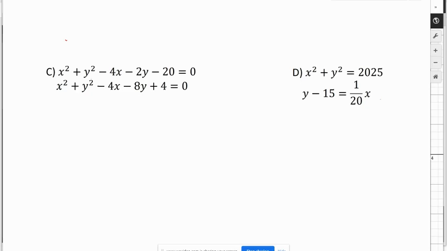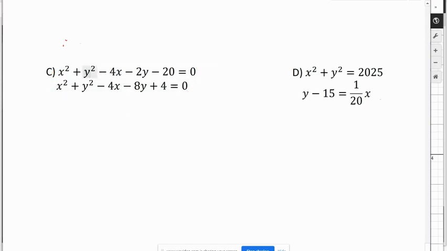If we do the elimination method, I notice that all of this stuff will go away if I subtract these two equations, and then I'll be left with this part, which only involves y's. So that's what we'll go ahead and do.